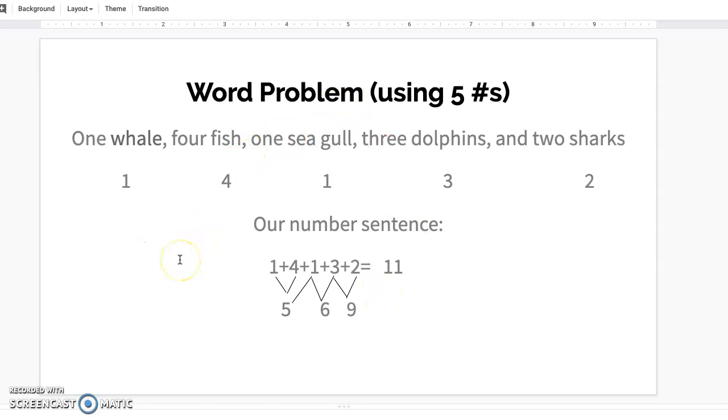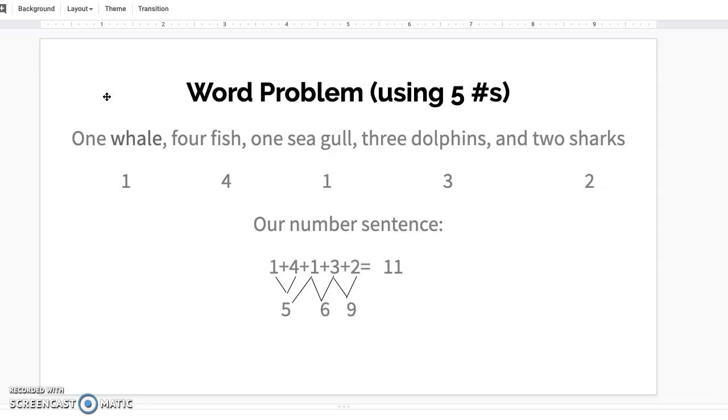Alright, this is a word problem using 5 numbers. Susan went to the beach and she saw 1 whale, 4 fish, 1 seagull, 3 dolphins, and 2 sharks. So we have 1, 4, 1, 3, and 2.